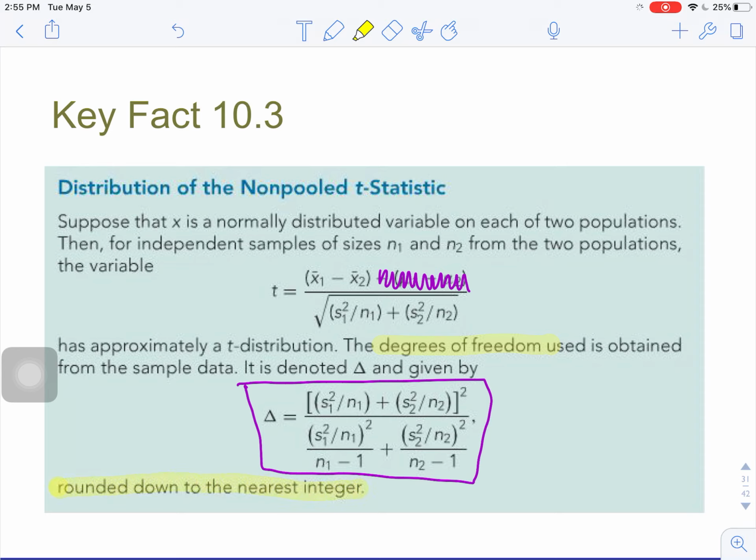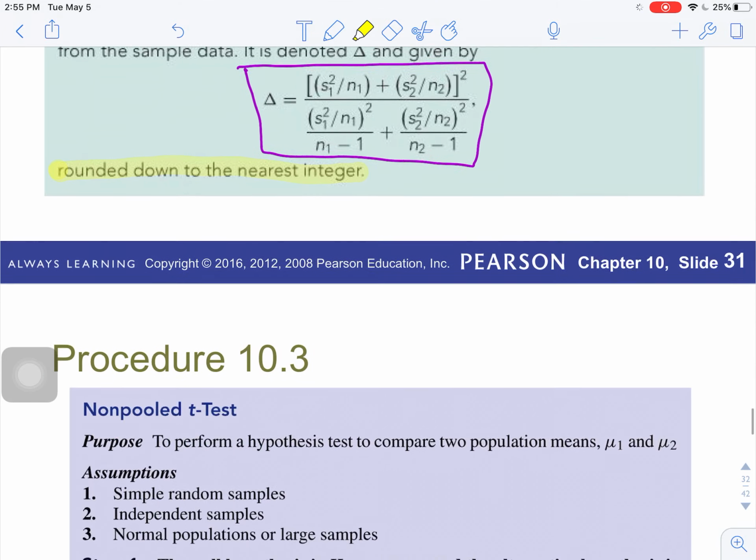One of the big things I want to point out is that with your delta, you are going to round down to the nearest integer. So even if your delta is 19.99999, you are going to round down to 19, because again, it will take more error into consideration there. So you want to round down.